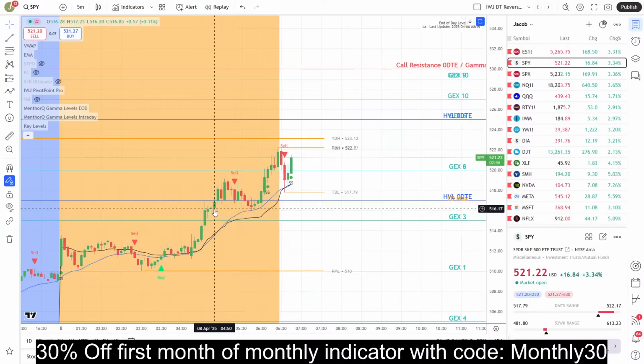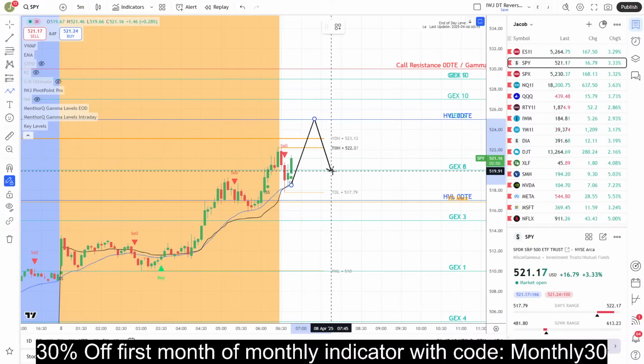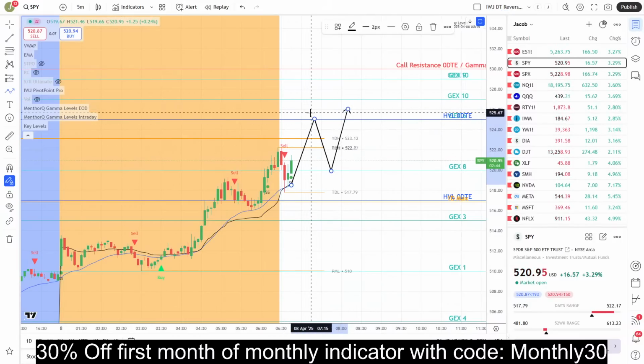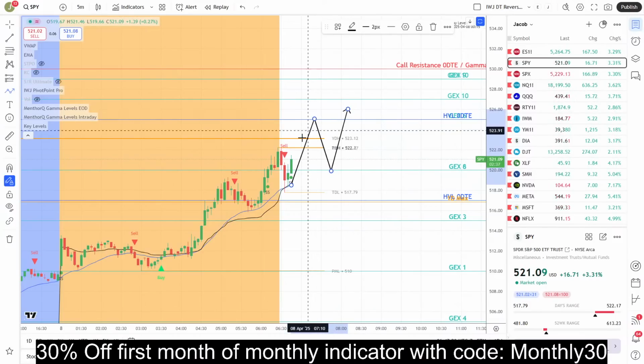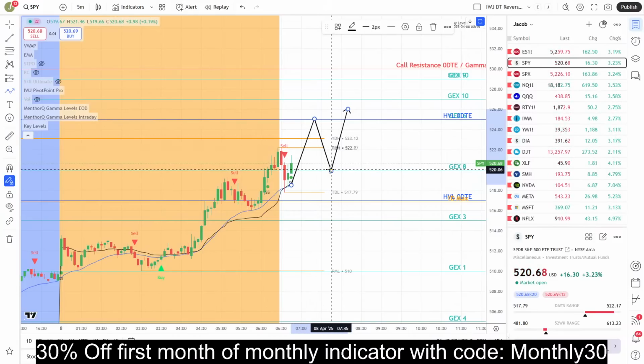Usually it's identified by saying we get above the pre-market high, reverse, hit the VWAP and 21, and then continue and take out that high. That's going to be identified as a trend day pretty early on. So you make a high above the pre-market high, you test VWAP and the 21, you hold, then you take out the high you made. That's very, very commonly a trend day.